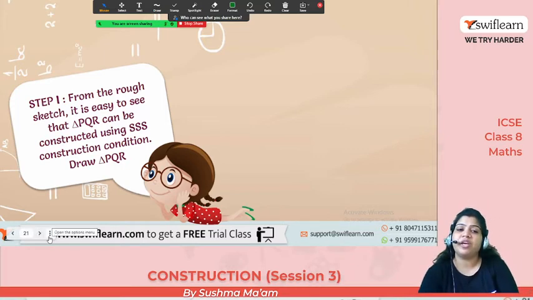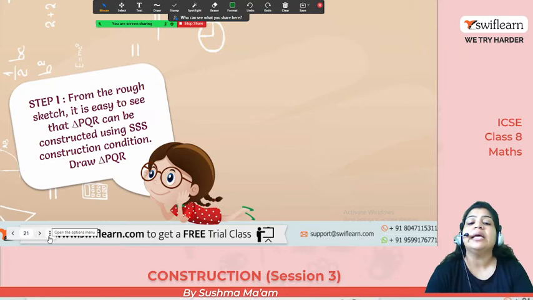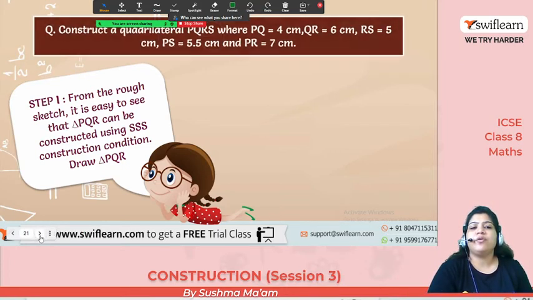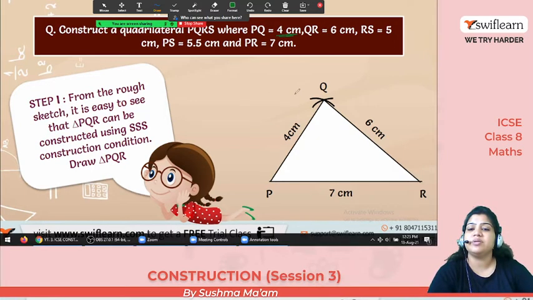From the rough sketch it is easy to see that triangle PQR can be constructed using SSS, side side side. So first we draw PR of 7 centimeter, and now with P as center and a radius of 4 centimeter, cut an arc. Similarly, with R as center and radius 6 centimeter, cut an arc, and where the intersection point comes, that is known as Q. Now we got this half triangle.